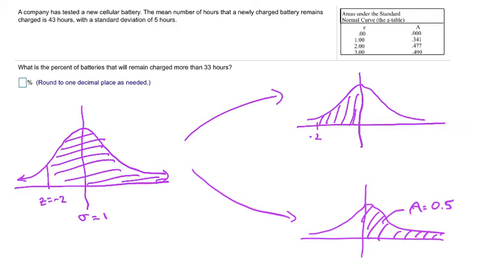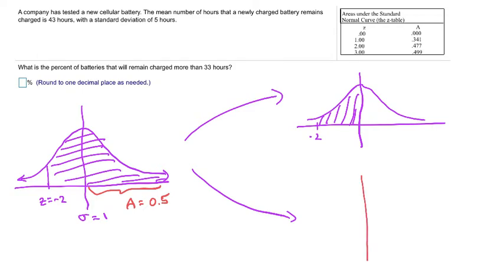Now, if we mark that over here on this side, for this area we've got an area of 0.5. Then for our area in between negative 2 and the y-axis, we can use symmetry arguments and see that if we look at the area in between the y-axis and the value of 2, that area is going to be exactly the same as the area between the y-axis and negative 2.